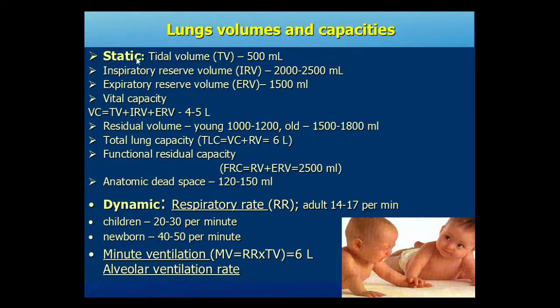Static volume means that this volume of the lungs is not related to respiration. It's only the volume of the pulmonary system. Dynamic volumes give us information about the process of respiration. That's why we call them dynamic volumes.